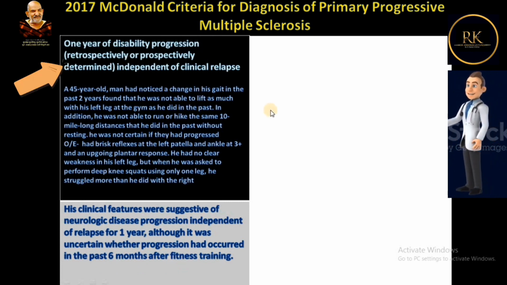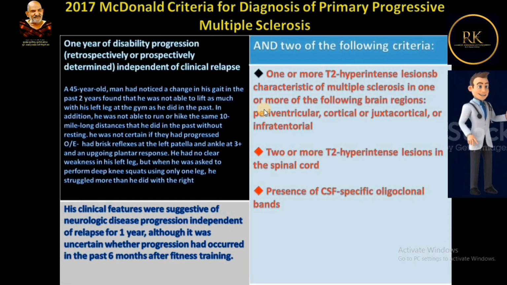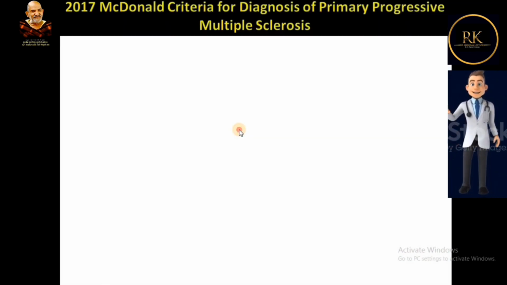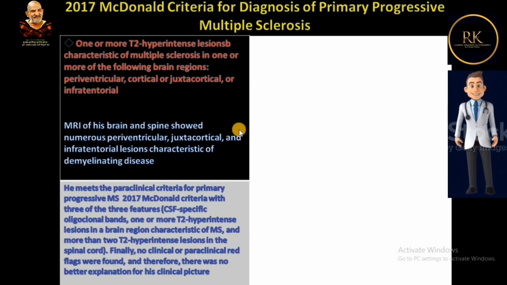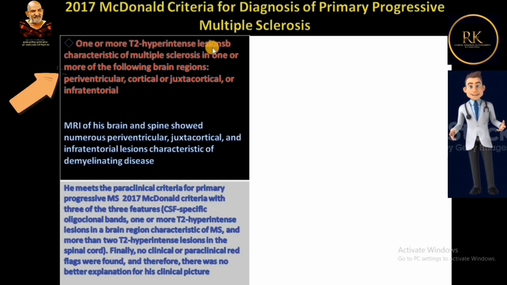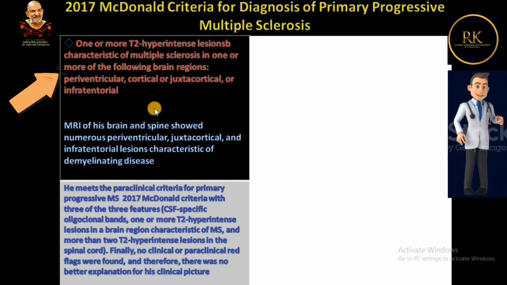Now we need 2 of the following features to make the diagnosis of primary progressive multiple sclerosis. As this patient's MRI of the brain and spine shows numerous periventricular, juxtacortical, infratentorial lesions suggestive of demyelinating disease, 1 or more T2 hyperintense lesions in 1 or more of the brain regions is present, fulfilling one of the criteria.